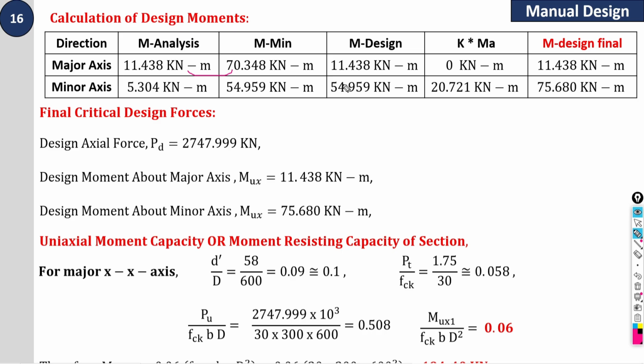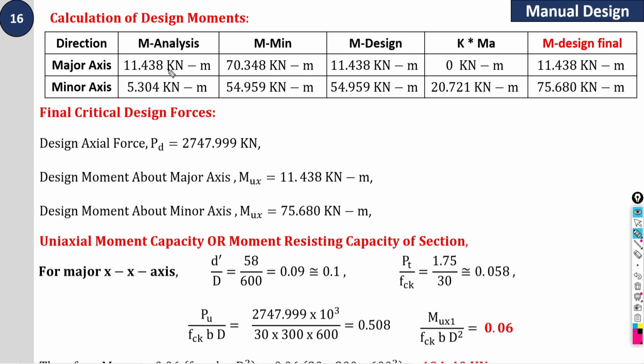You will say that sir, you did it wrong. Here it is written as 11.438, actually here should be 70.348, as I am saying maximum you have to choose. But here it is right. Why is it right? In a situation when both of the minimum eccentricity moments are coming out to be more in comparison of the analysis moment, you have to consider only one axis.